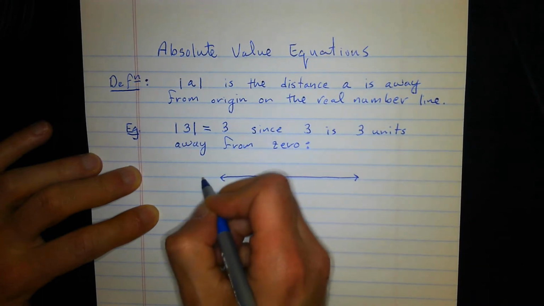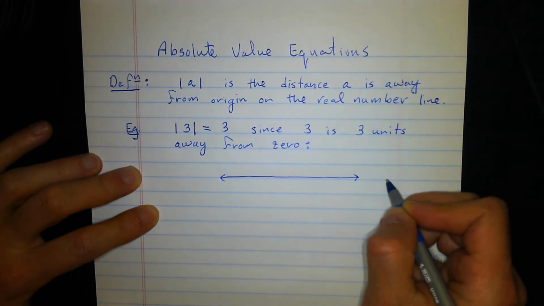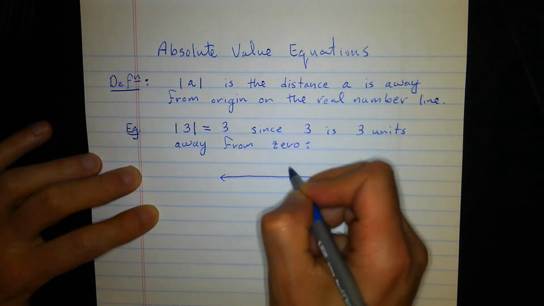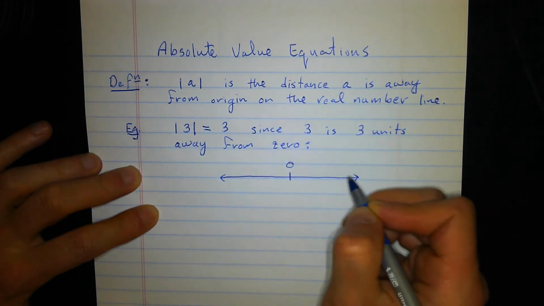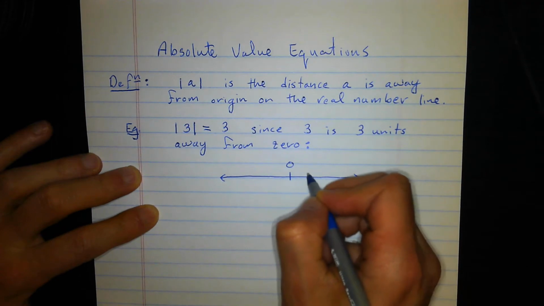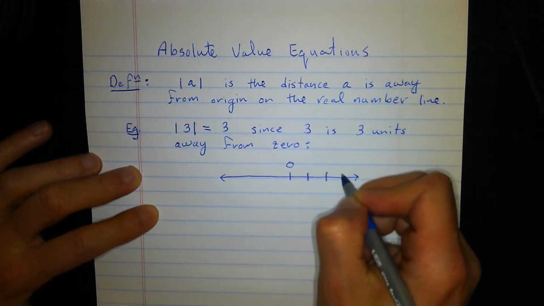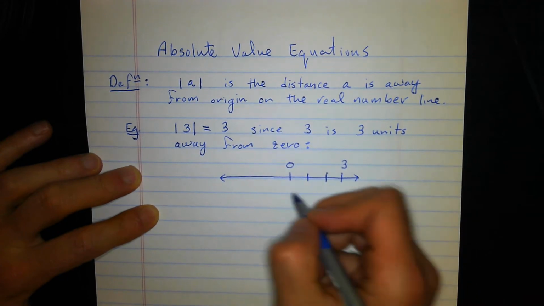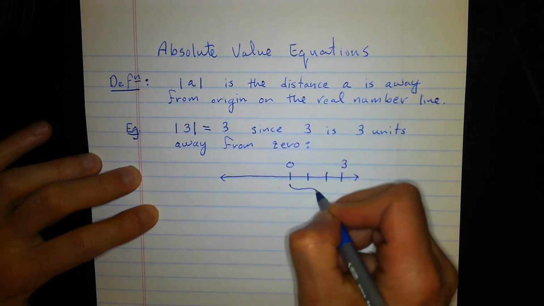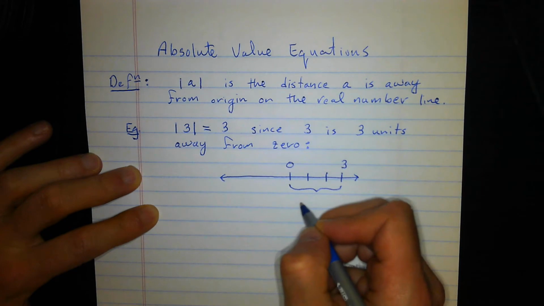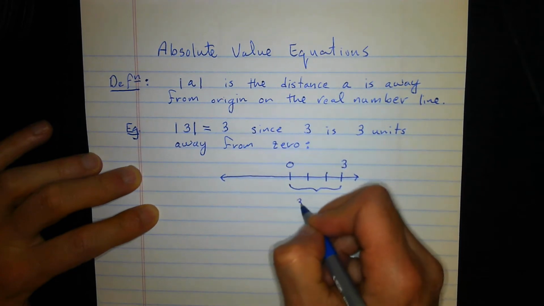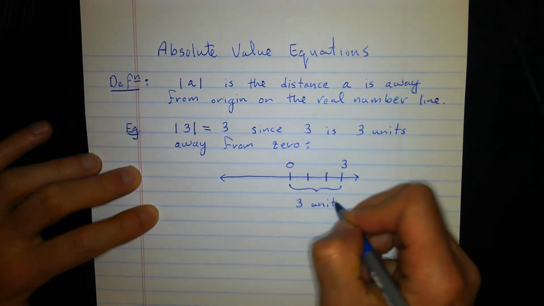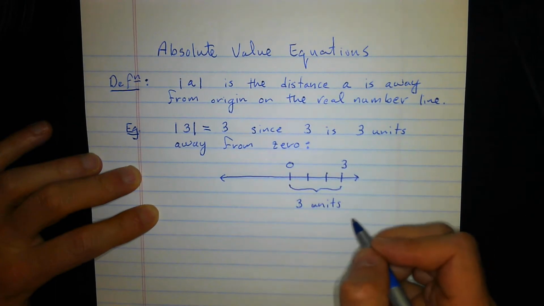Of course, negative infinity's down here, positive infinity's down there somewhere, 0's right smack dab in the middle, and then let's say 3's right there. Well, you can see that 3 has a distance of 3 units from 0.